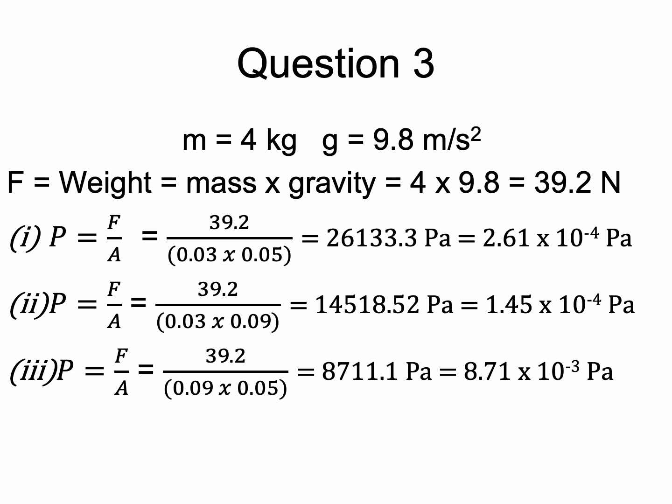Getting them into standard units of meters, you would have 0.03 by 0.05 for the area in meters squared. Dividing your force by that area, you got 26,133.3 pascals. You can leave it as that, or you can tidy it up by moving your decimal place and multiplying by 10 to the minus 4 for your answer.